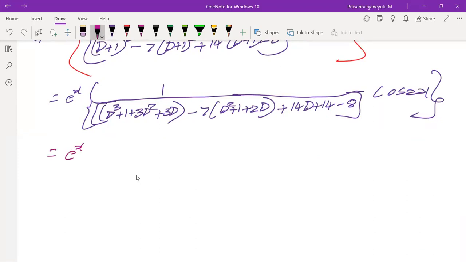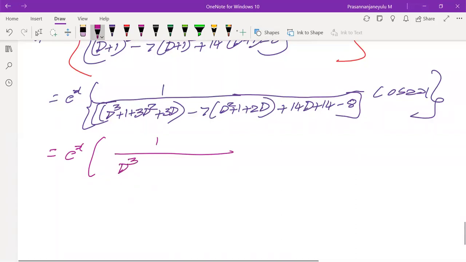E power x into 1 by, I am doing it directly. What is the d cube? Only one term is there, d cube. Now where are the d square terms? D square terms are here. It is 3d square, here it is minus 7d square, so minus 4d square. What will we get finally?